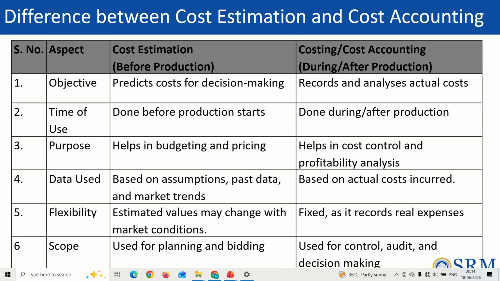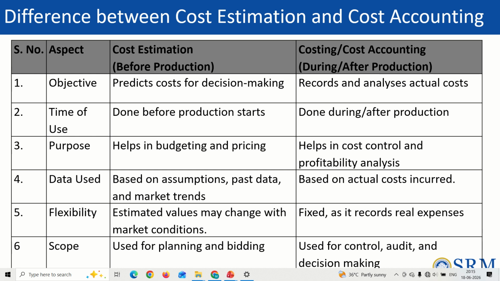So now we will move on to the difference between cost estimation and cost accounting. This slide outlines the critical distinctions between cost estimation and cost accounting. Let's look at the key contrasts. Timing. Estimation is done before production starts, whereas costing is recorded during or after production. Objectives and purpose.